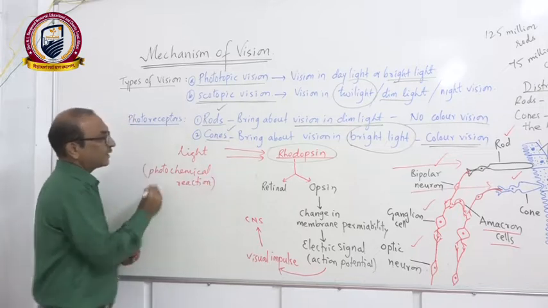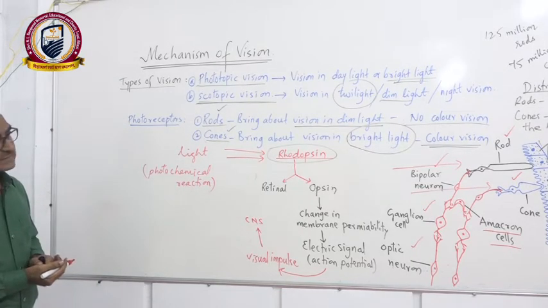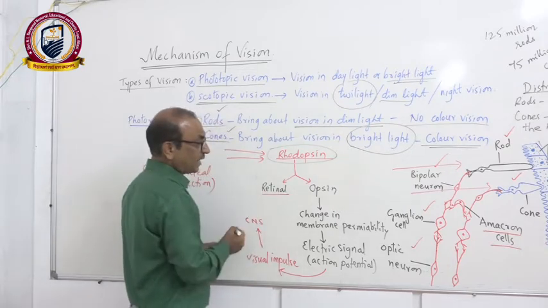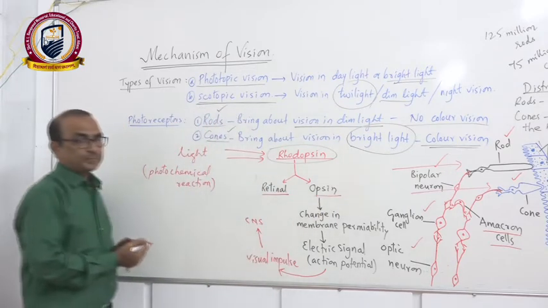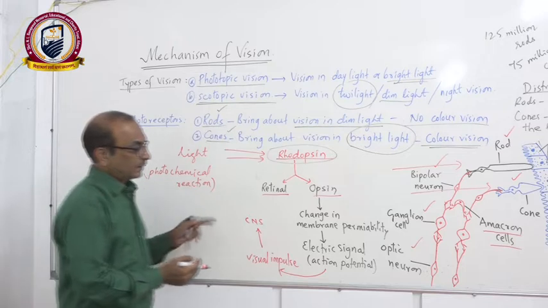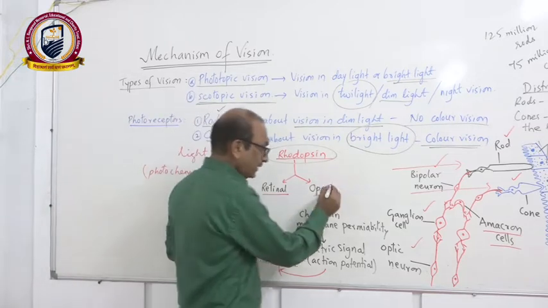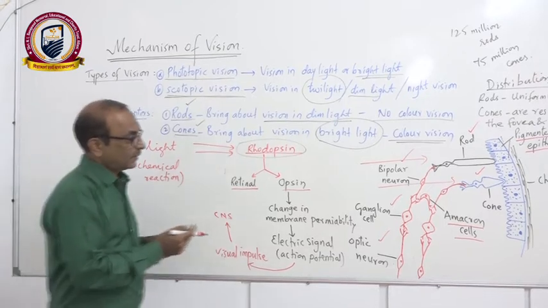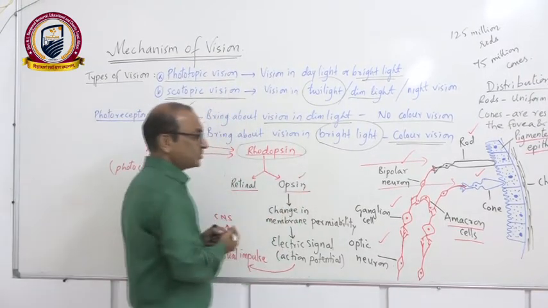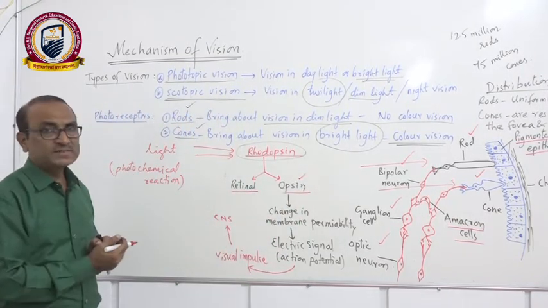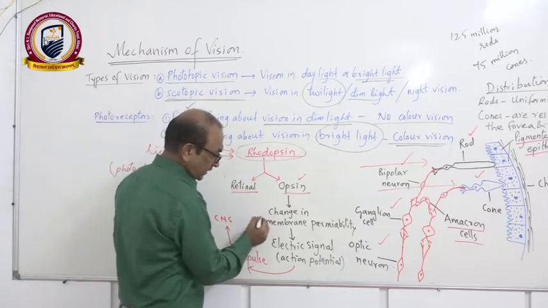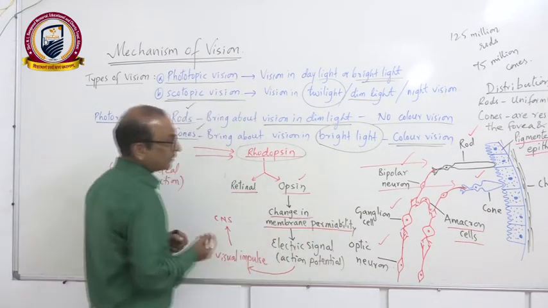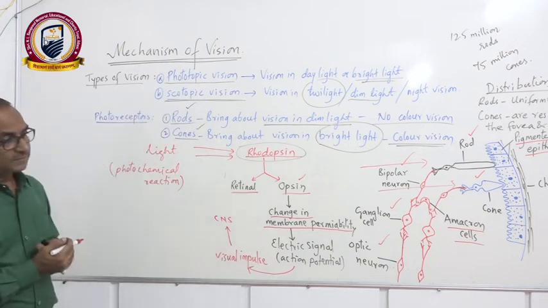When the light strikes the rods, the rhodopsin splits into retinal and opsin. Opsin, when it gets separated from the retinal, undergoes some conformational changes, its shape changes, and that makes changes in the cell membrane of the rods.